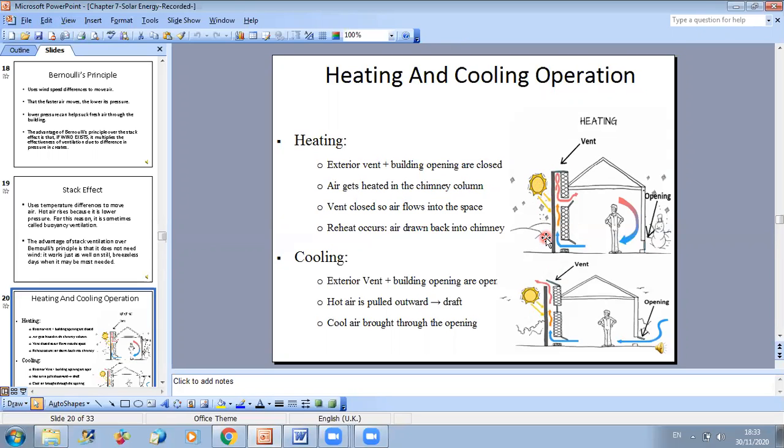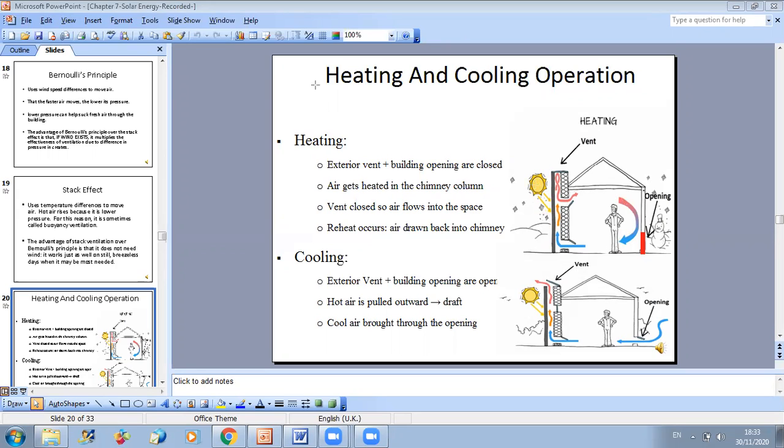So what will happen during winter is we close openings. All openings like doors and windows will be closed. And we open only the inner vents of our facade here. So these two are opened, the lower and the upper one. And then air will circulate from the room.